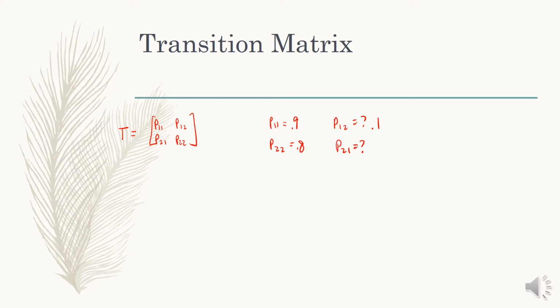And then the probability of staying at Ashley's was 80%, so the probability of switching would be 20%. So our transition matrix is going to be 0.9, so that was P11, 0.1, that was P12. Next we need P21, so that was 0.2, and P22, which is 0.8. So there's our transition matrix.